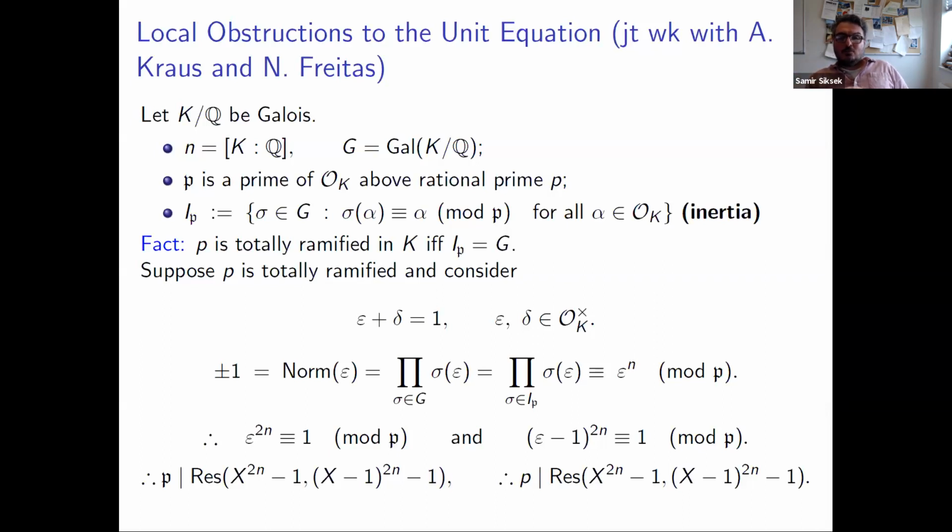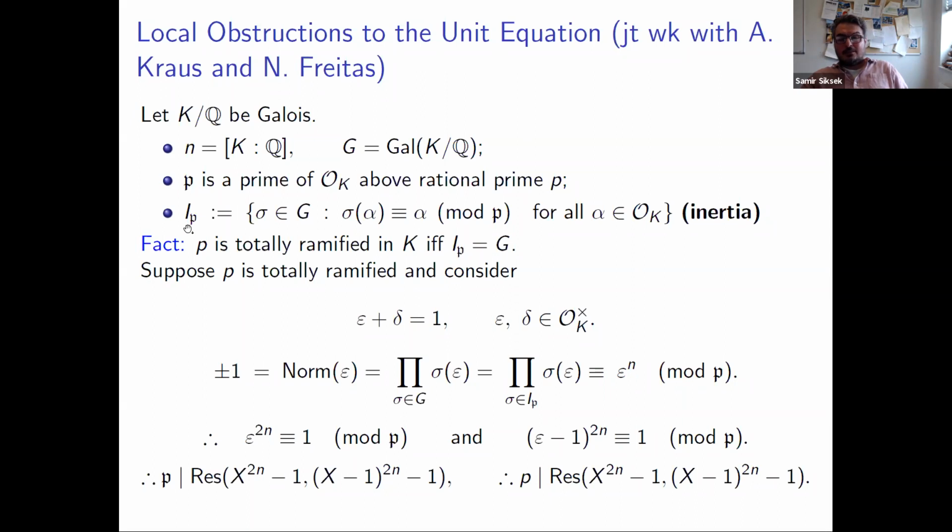But we thought that maybe things are better if, instead of working with a split prime, you work with a totally ramified prime, for a reason that I'll explain. So I'm going to momentarily assume that K is Galois, and n is going to be the degree of K, G is going to be the Galois group. And I'm going to take a rational prime p, and a prime ideal P above p. I'll just remind you of the definition of inertia.